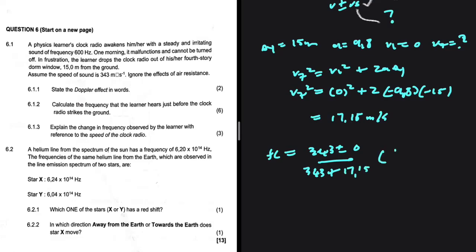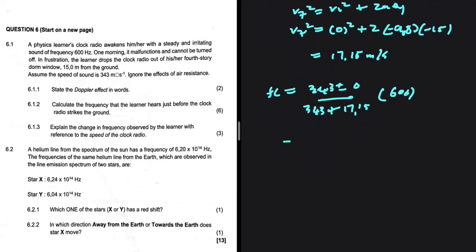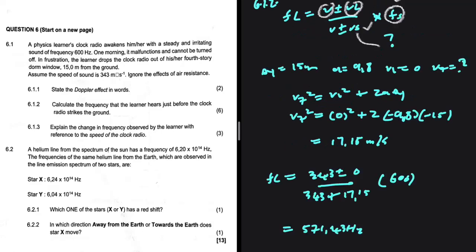Everything multiplied by the frequency of the source, which is 600 Hz. If you put that in your calculator, you should get 571.43 Hz.